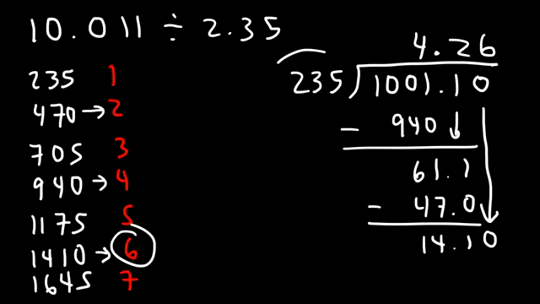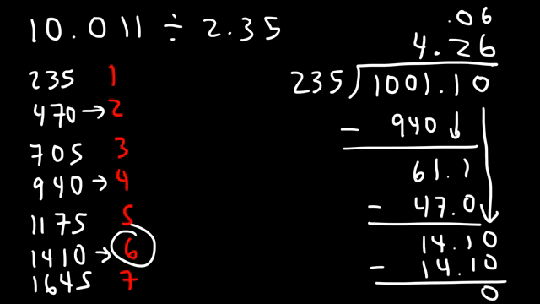Now 235 times 6 is 1410, so 235 times 0.06, because the 6 is in the hundredths place, will be 14.10. And so now we have a remainder of 0. So this is the final answer.